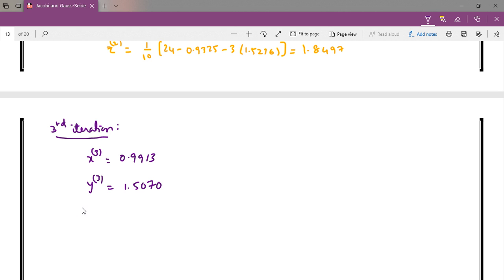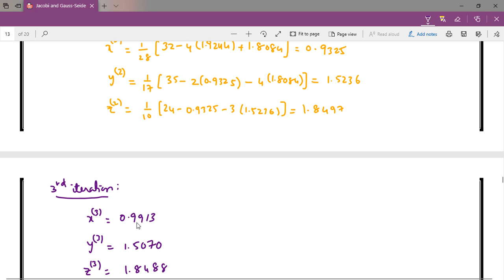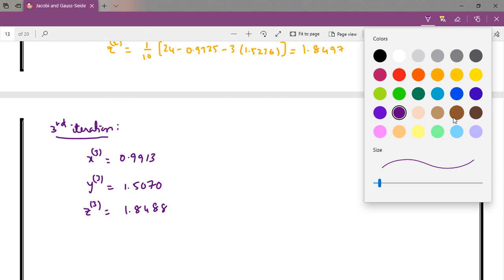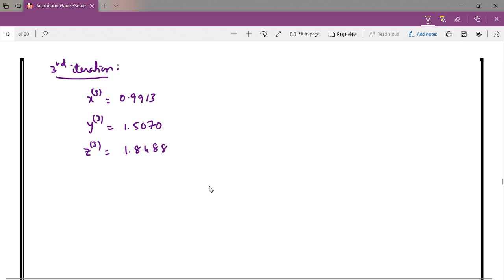Okay, so this gives 1.5070 and z3 gives 1.8488. Okay, see now after the third iteration, compare x2 and x3, so 0.93 and 0.99. Compare y2 and y3, 1.52, 1.50. So if you go for one more iteration, we may get clearer roots. Therefore we go for the fourth iteration.